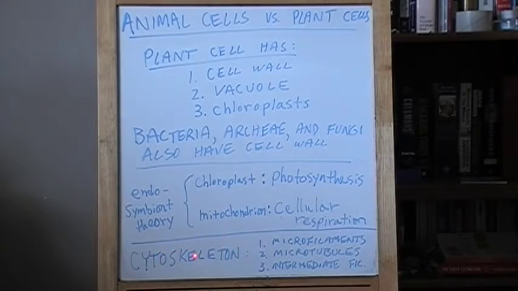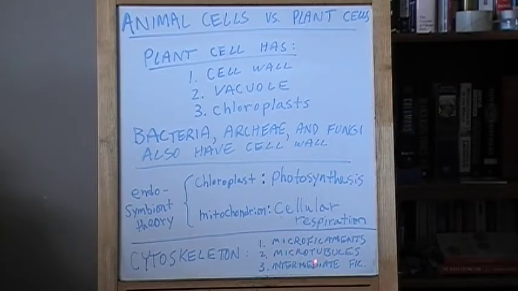Also, in chapter 4 is the cytoskeleton. The cytoskeleton is composed of protein filaments, and there's 3 types of filaments: the microfilaments, microtubules, and intermediate filaments. And the microfilaments are composed of a protein called actin.